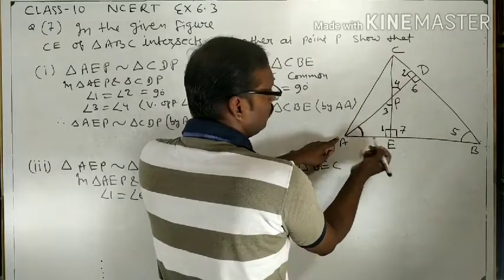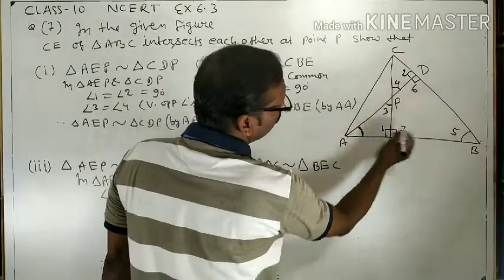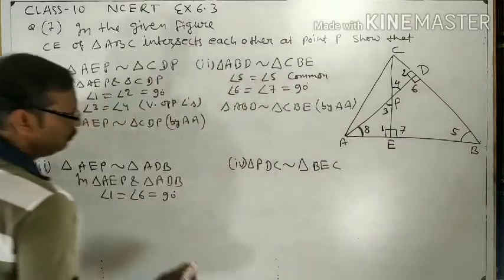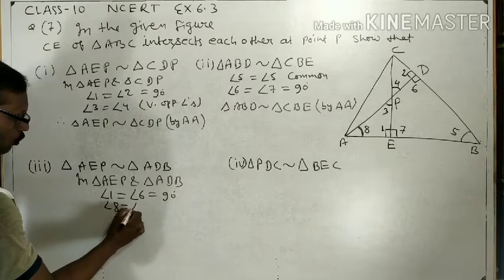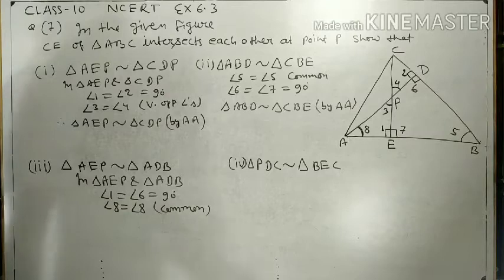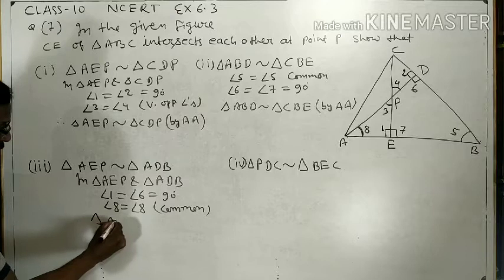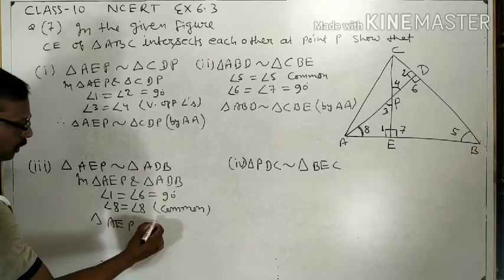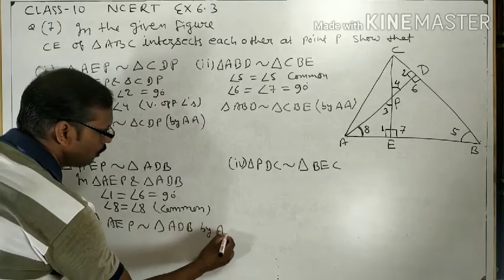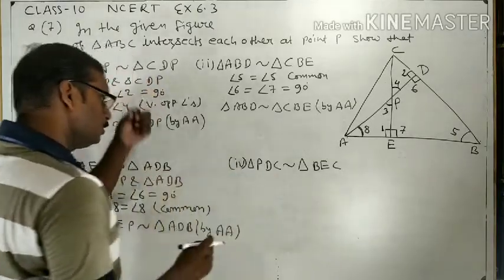Suppose this angle is 8, so 8 equals 8, common. So again we have two corresponding angles equal, and triangle AEP becomes similar to triangle ADB by AA similarity criteria. Write the reason in brackets.